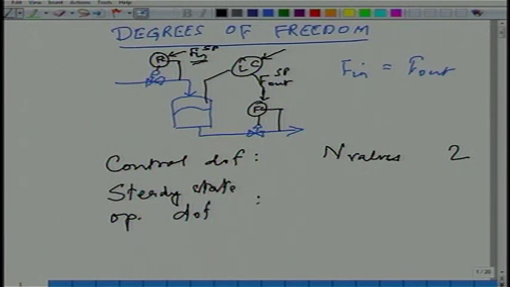For this process, there are 2 scenarios. One scenario I just presented to you. Your boss is telling you, you have to process so much. Then the inflow is not in your hands, it is set for you. For a given throughput, the degrees of freedom is 0.